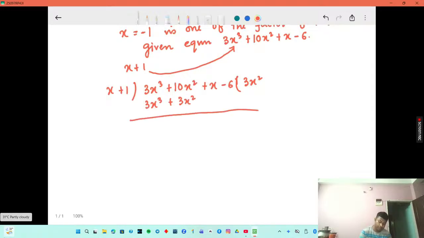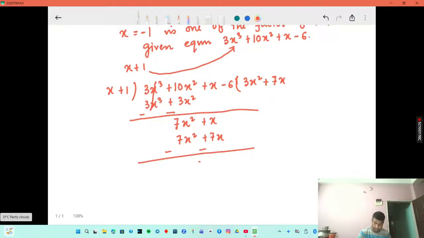That is minus, minus cancel, 7x square plus x. Now plus 7x, 7x square plus 7x. So minus, minus, minus 6x minus x. Now minus 6, minus 6x minus 6.